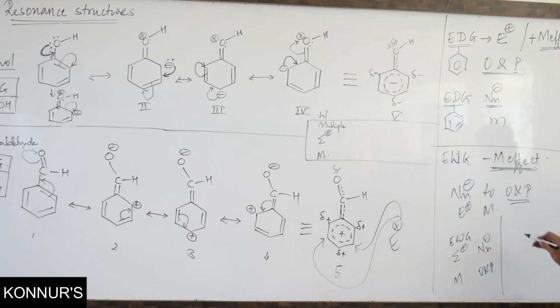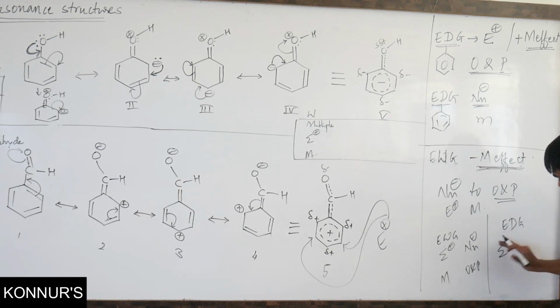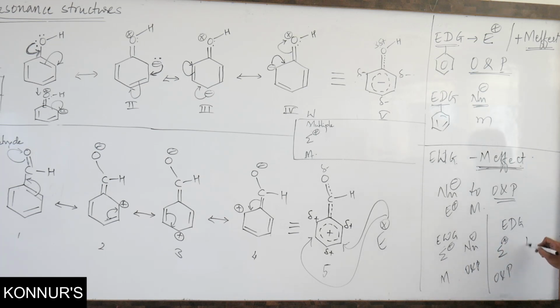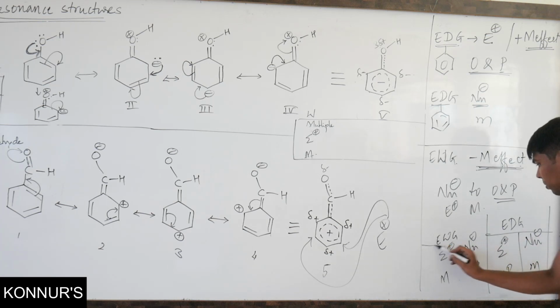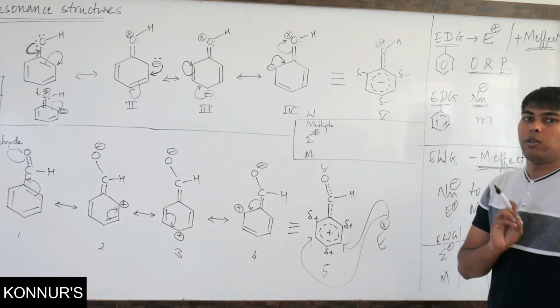In the same way, electron donating groups will direct the electrophile to ortho and para, opposite to this: electrophile to ortho and para, and nucleophile to meta position. So this should be your key point in order to solve all those questions.